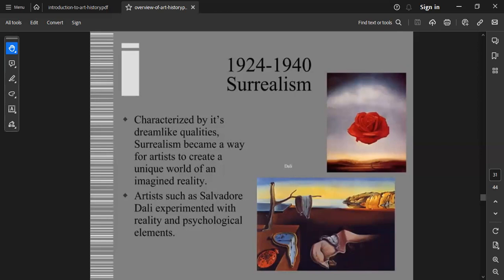Like time always passes by, it never waits for anyone. Yes, one of the true answers. Like the fluidity of time. Yes. Anything else?